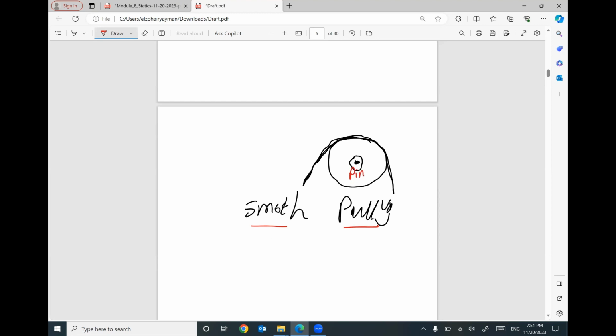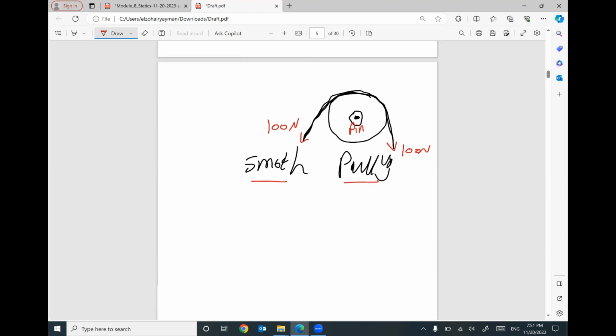This pin will allow this pulley to rotate freely. In this case, if you have a force here of 100 Newton, this force will also be 100 Newton. Both of them are equal. But this is the case because we are neglecting any friction, and it looks like the pulley is rotating smoothly without any friction, or we can neglect the friction.